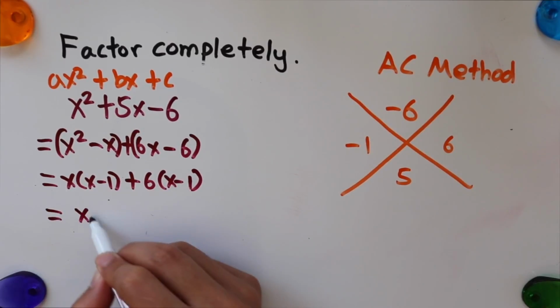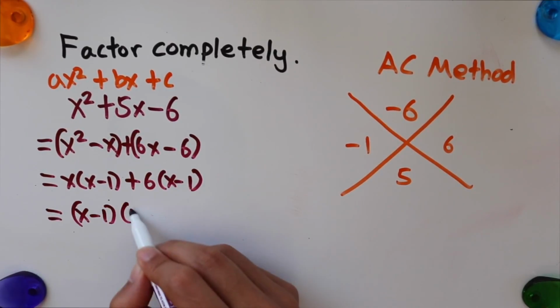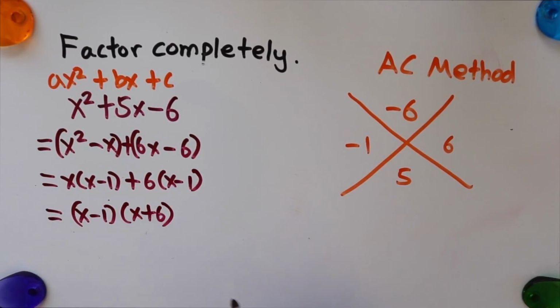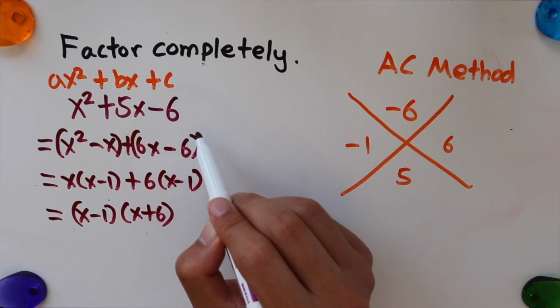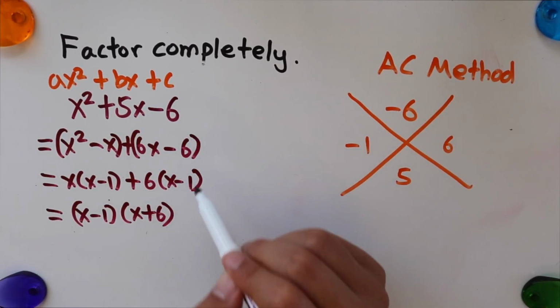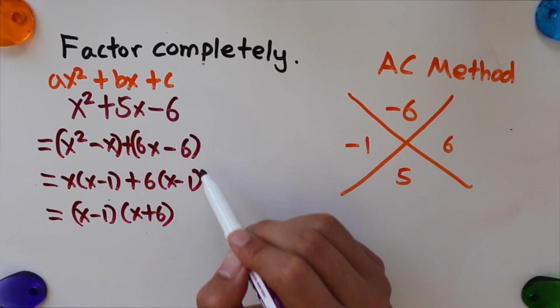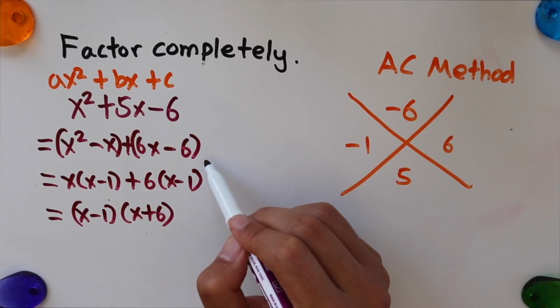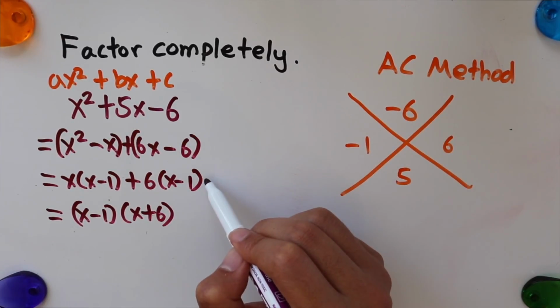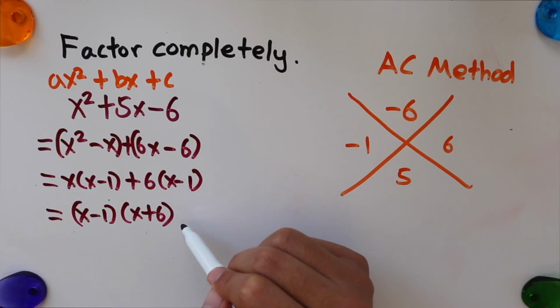If we factor that out, we're done. What happens in the AC method is we go from a 3-term quadratic expression into a 4-term unsimplified quadratic expression where we can factor by grouping and then factor once more to reach factored form.